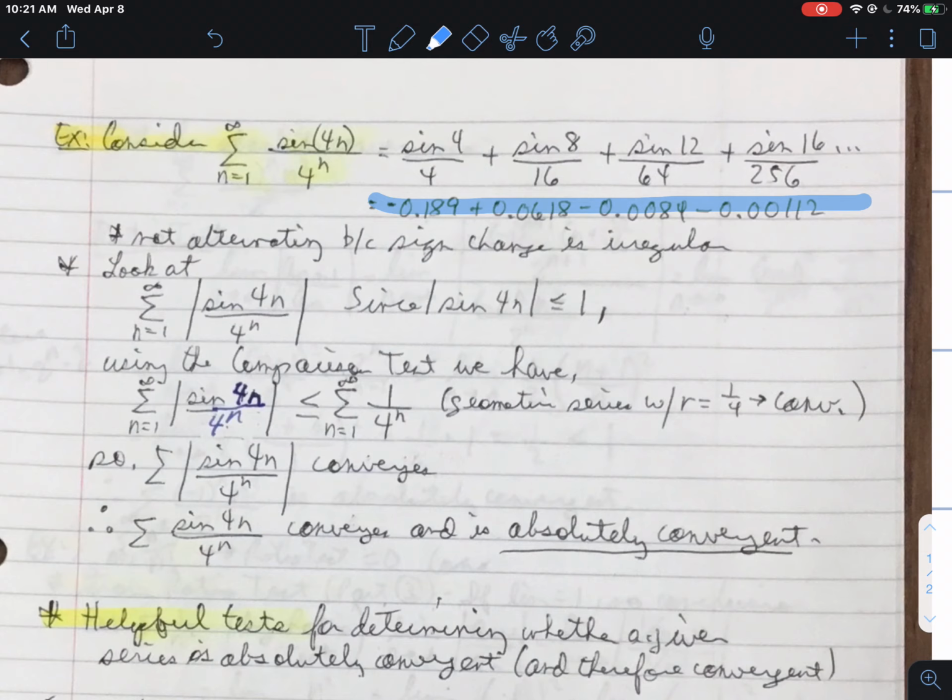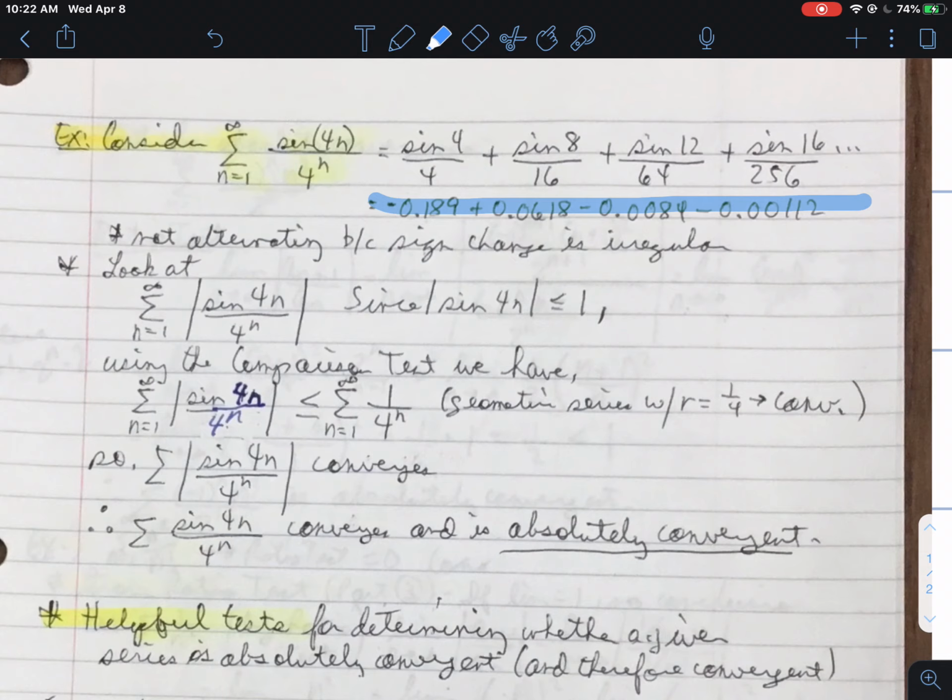But notice, we do have some positive terms and some negative terms, but they're not alternating. So an alternating series test wouldn't fit here because even though we have positive and negative terms, they're not alternating in sign. It's negative, positive, then negative, but then negative again. So the alternating series test doesn't apply.